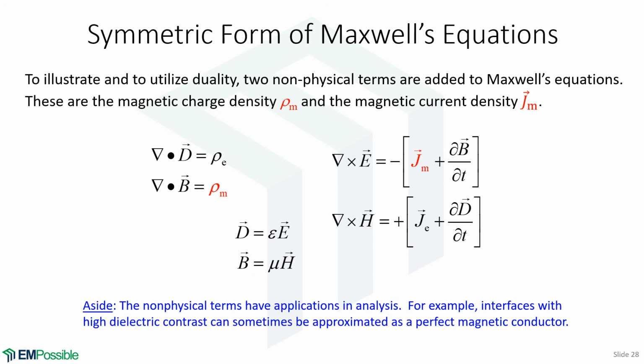Then there would also be a magnetic current density to sort of mirror and be the dual of the electric current density. When we write Maxwell's equations this way, the duality becomes much more apparent. It's like whatever we're writing for electric fields, there's the exact same equation for the magnetic fields. And that's the origin of the duality.